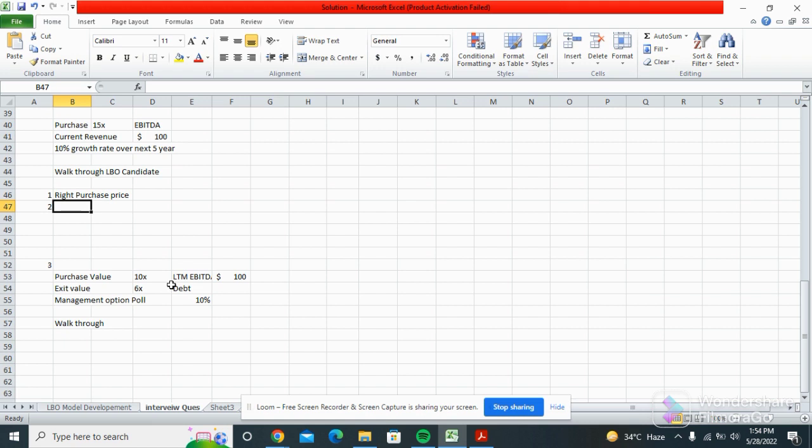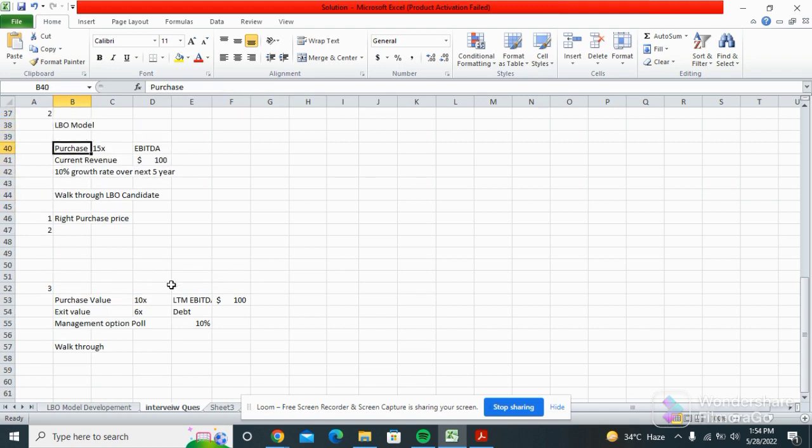If we have not purchased that company at a suitable price, it will cost us at the time of exit, when we exit from this investment and have to sell this company. So first of all, it is very important to see, for an LBO candidate, whether the company is purchased at the right purchase price or not.